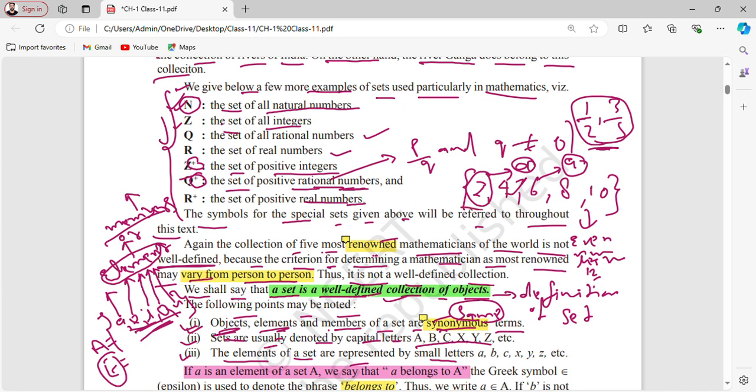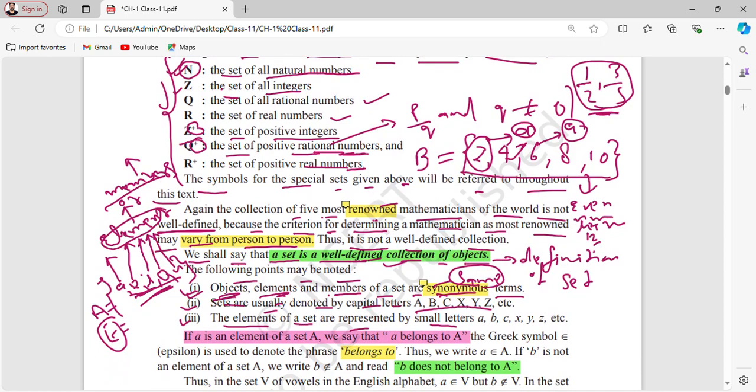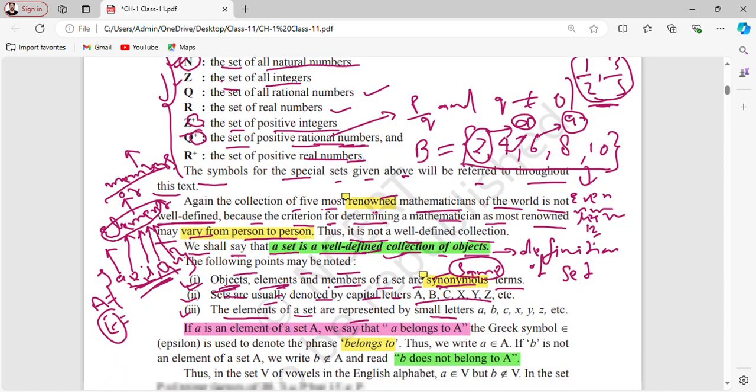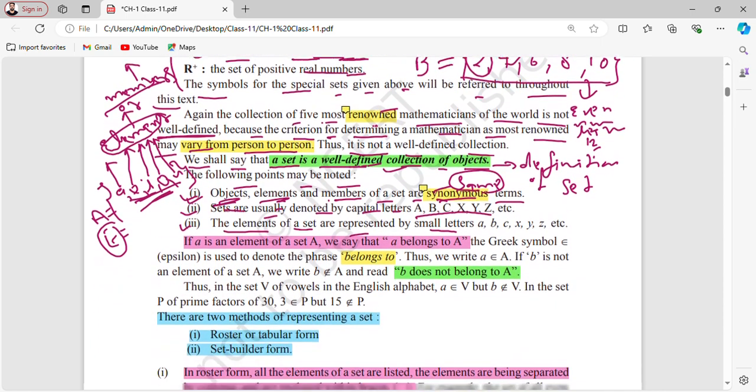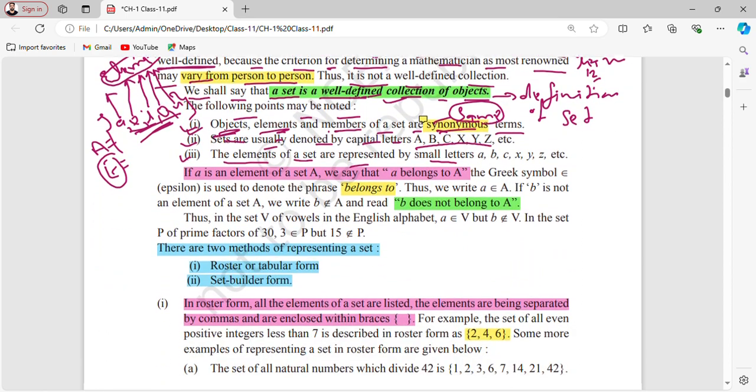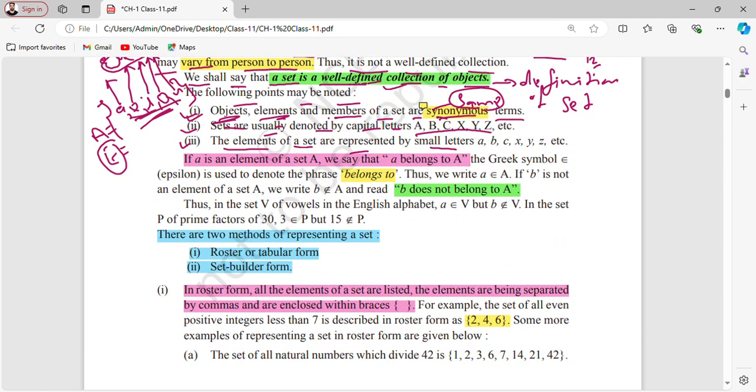But this whole set is only represented by a capital letter. So these points are very important to understand how to write a set. Elements, objects and members are the parts of the set when we represent it. These are the requirements to understand a set.